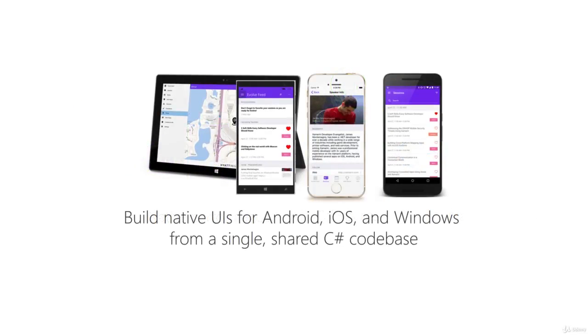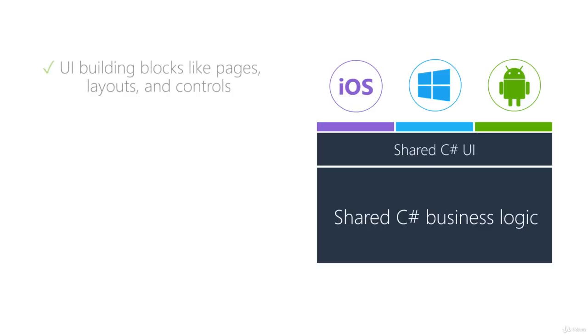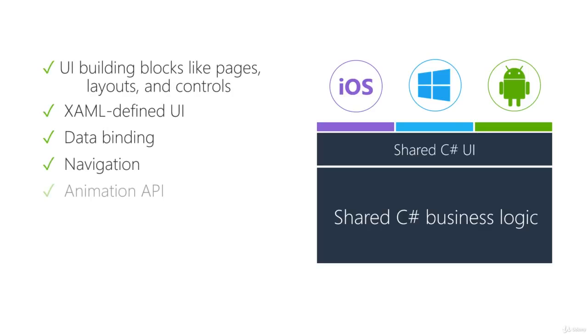Now, next I want to introduce you to Xamarin Forms. So Xamarin Forms is going to give you the power to share not just your business logic, but your UI definition cross-platform as well. Now, it has over 40 UI elements that you can use to create your UI. And all of these will create the appropriate native control on each platform. And we'll see how this works in just a minute. And with Xamarin Forms, you can define your UI in XAML.